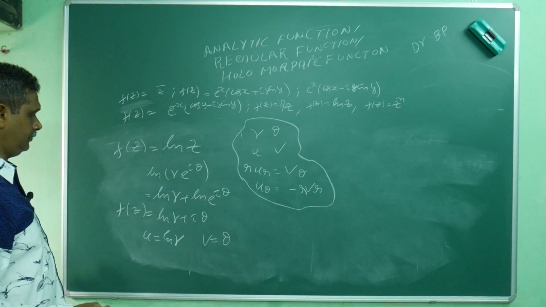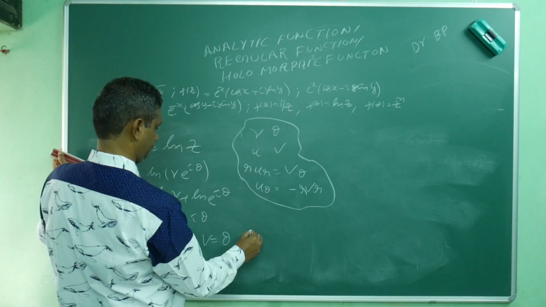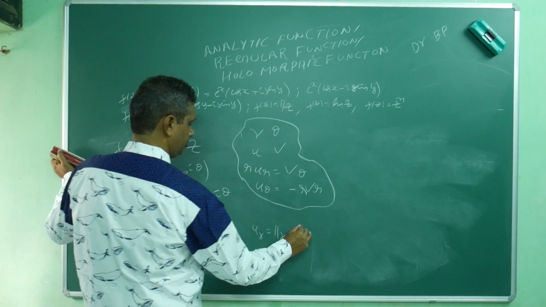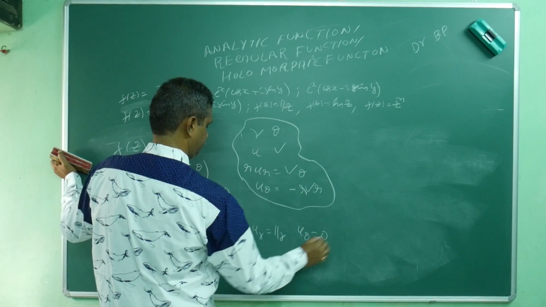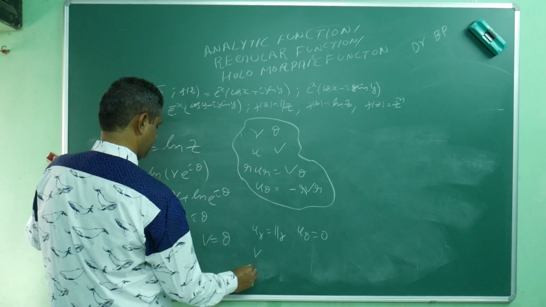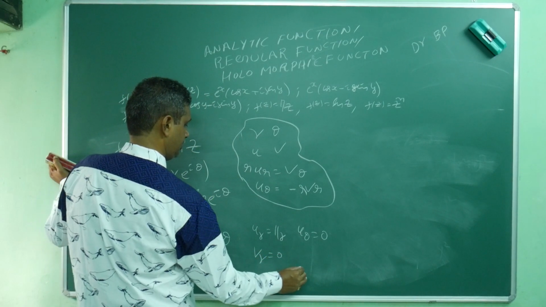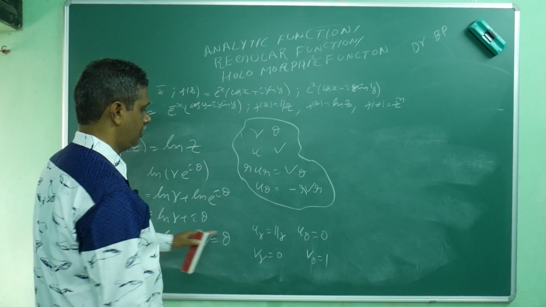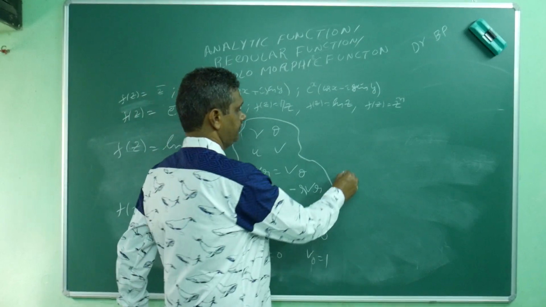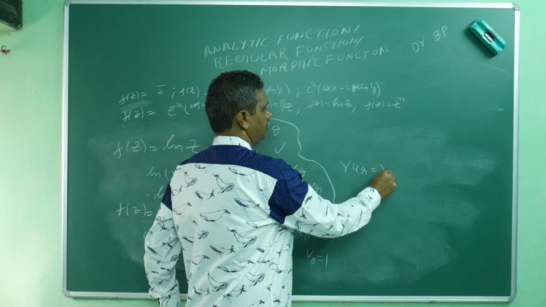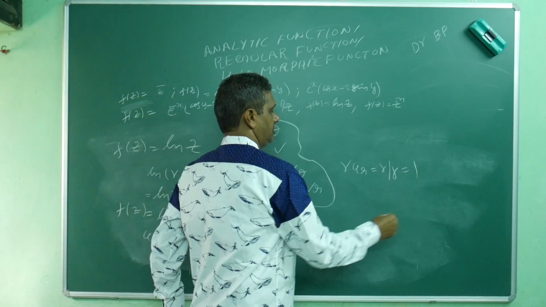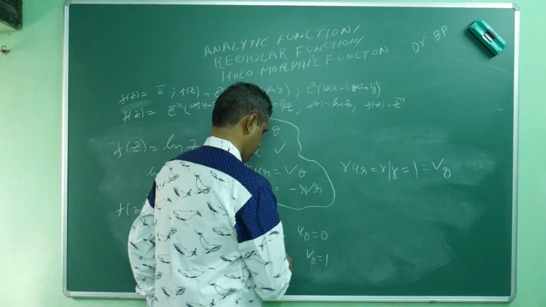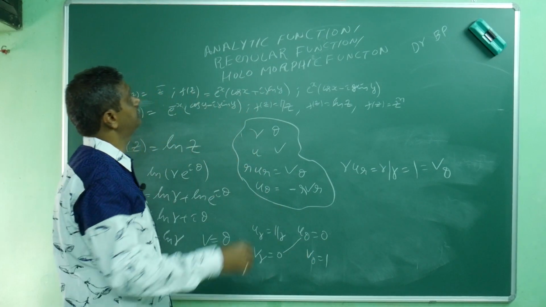Now we can check: ur is 1 by r, u theta is equal to 0, vr is 0, v theta is equal to 1. Check it satisfies: r into ur is equal to r into 1 by r, so this is 1, that is equal to v theta. Then these two, minus r into 0, is the same thing.